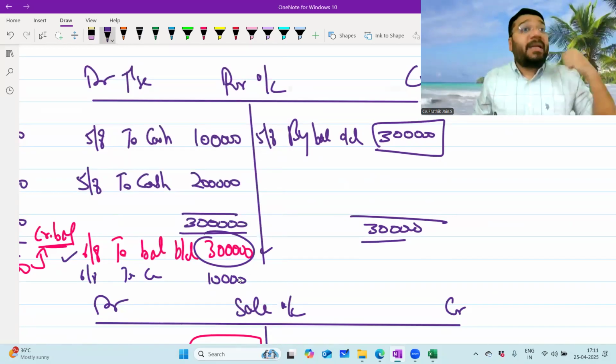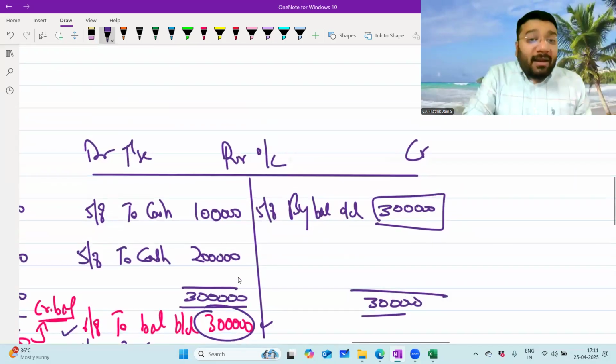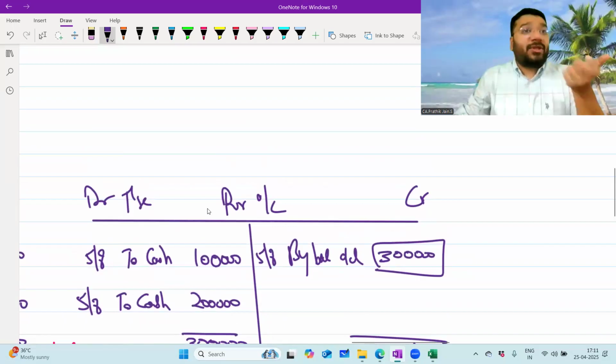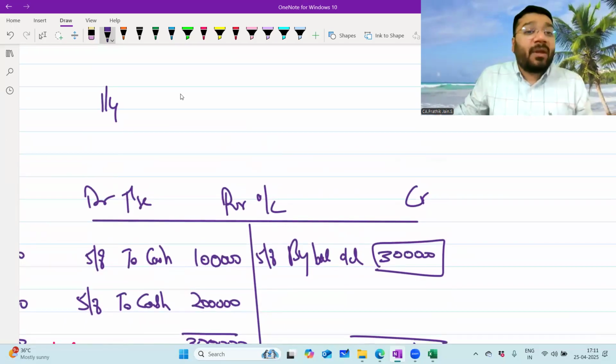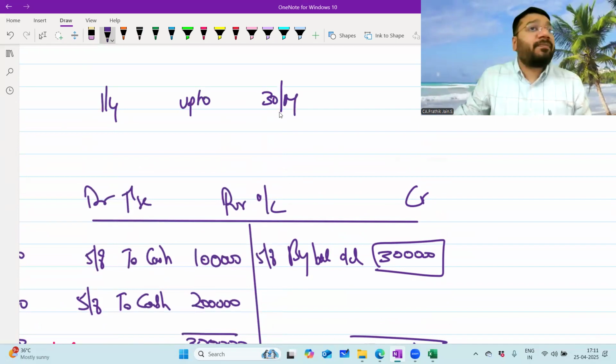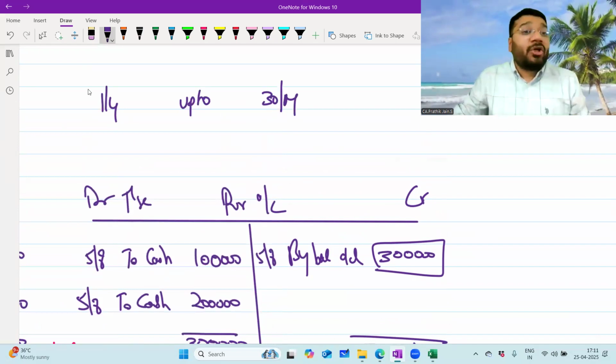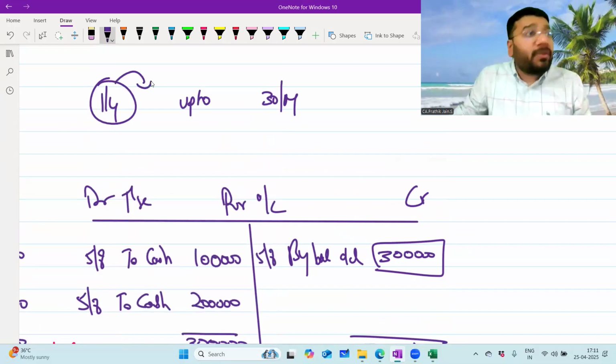So I want the purchase value to be accumulated on a day-to-day basis. Any transaction recorded in the ledger from 1st of April up to 30th of March will be carried forward to the next day. So 1 April's balance I'll carry forward to 2nd April, 2nd April's balance to 3rd April.